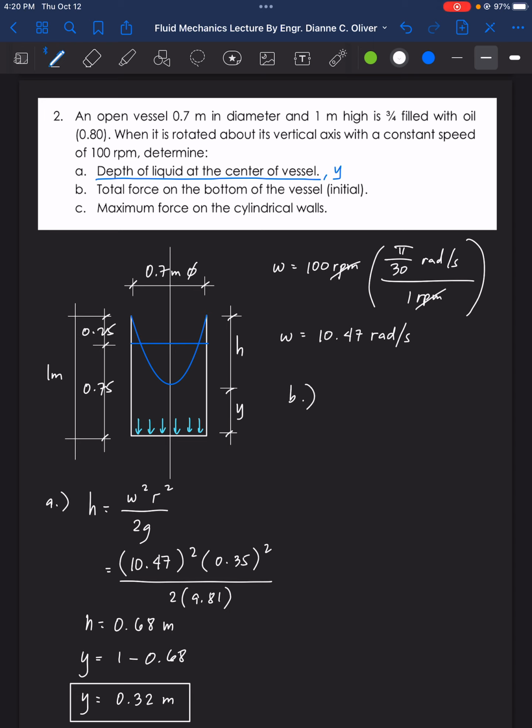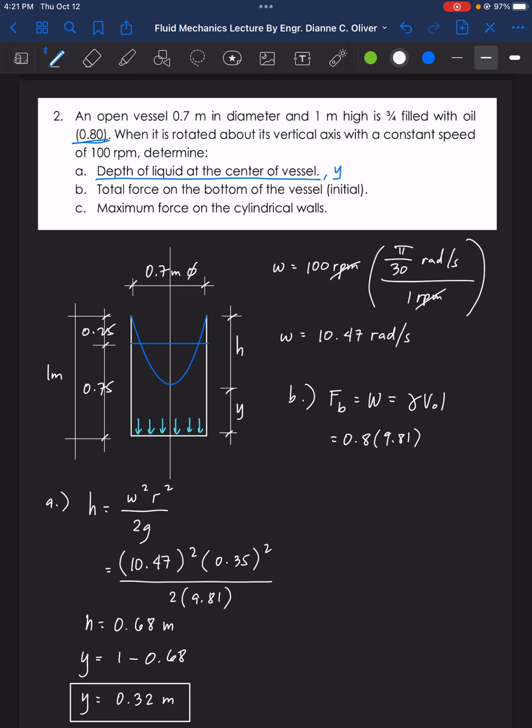For letter B, we have F at the bottom. That is the weight of the water, that is gamma times volume. Given the specific gravity of 0.8, that is equal to 0.8 times 9.81 times the volume.